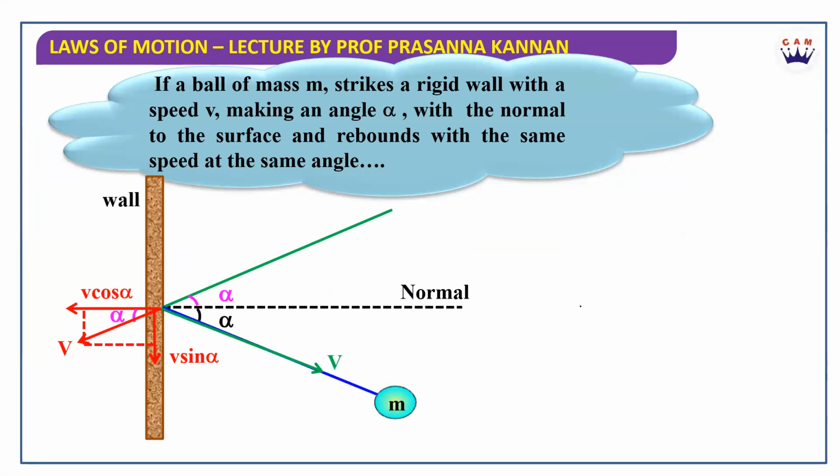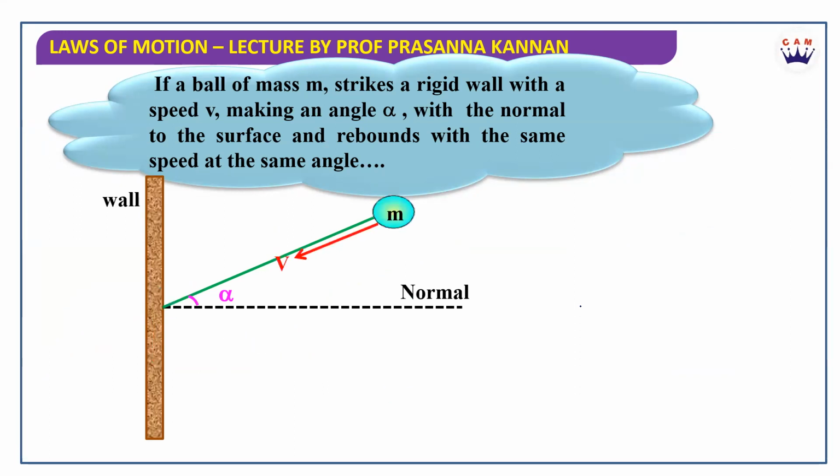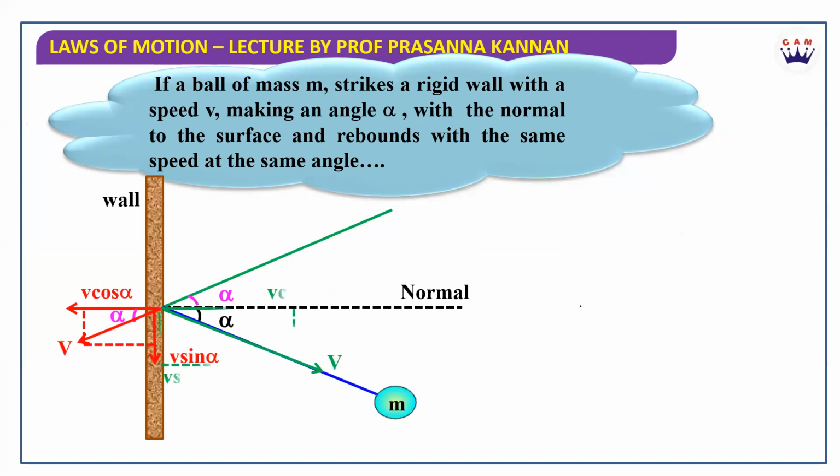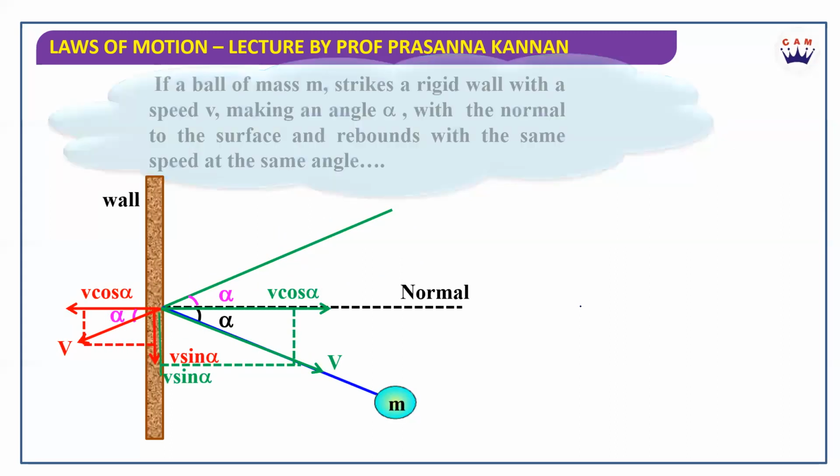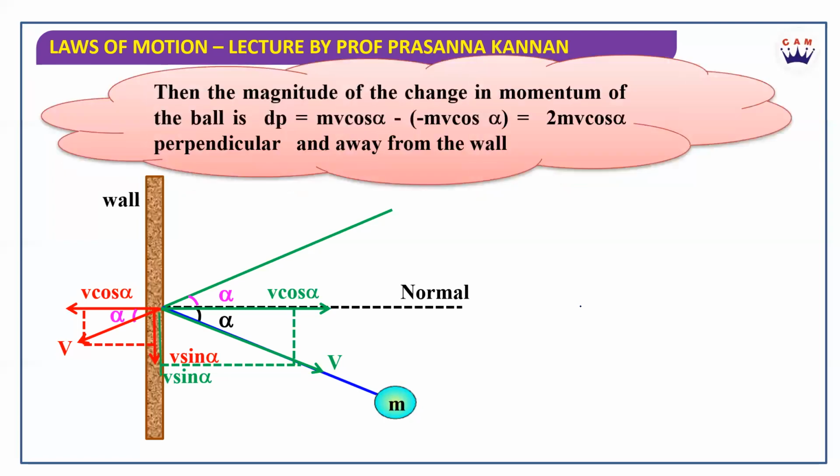Listen. So what is happening? Everybody please observe. So the ball is hitting the surface, getting reflected back. So what is the change in momentum? Directly it is given as 2 mv cos alpha. But I told you how it comes.